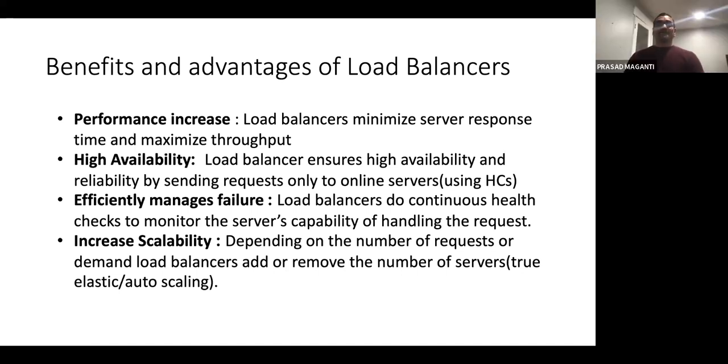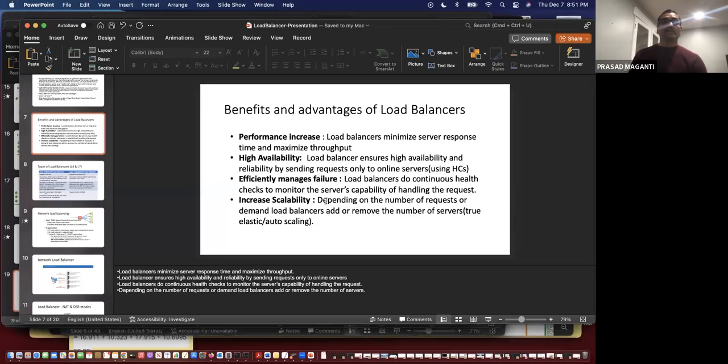Okay, so where are we? Performance, right? Load balancer. We talked about how, when you don't have a load balancer, one particular server can be overloaded with too many requests, so by the time the CPU processes it and sends the response back, that can take some time.